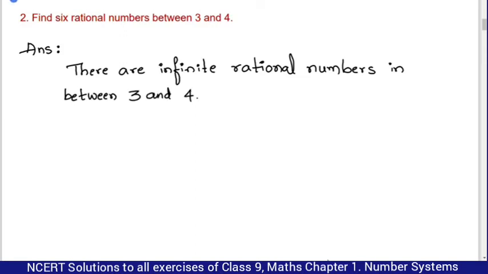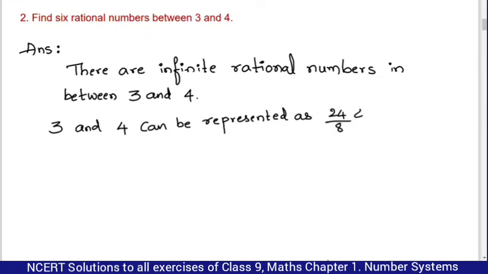This 3 and 4 can be represented as 3 into 8 by 8, that is 24 by 8, and 4 can be represented as 4 into 8 by 8, that is 32 by 8 respectively.